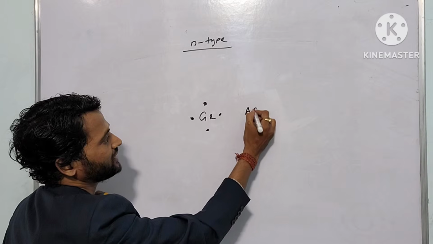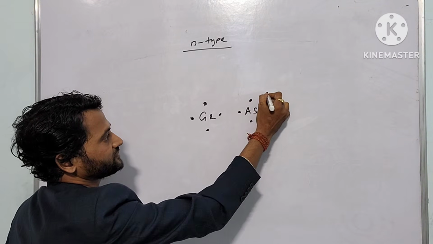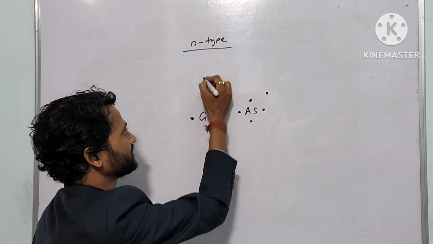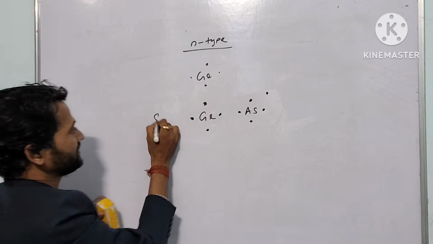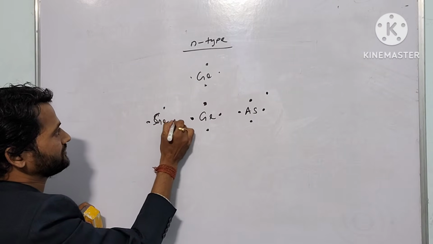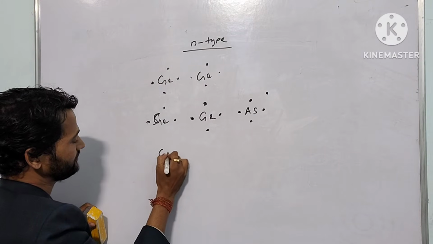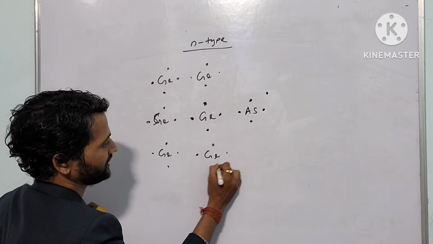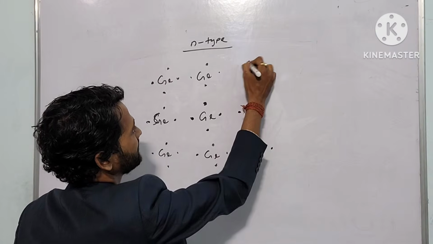If I add arsenic as impurities, how many electrons in outermost orbit of arsenic? There are 5 electrons. ठीक है, so ये हो गया आपका जर्मेनियम. Just wait, I'll draw the diagram.